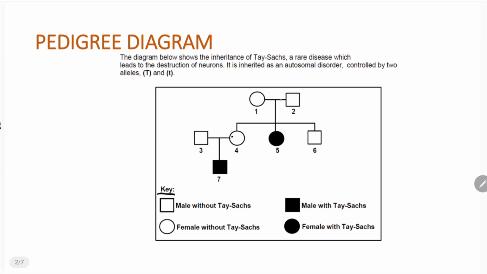So each and every time we look at a white box in this pedigree diagram, it represents a male without Tay-Sachs. A white circle represents a female without Tay-Sachs. A black box tells us that it is a male with Tay-Sachs, and a black circle is a female with Tay-Sachs.